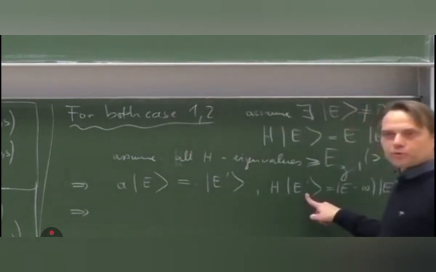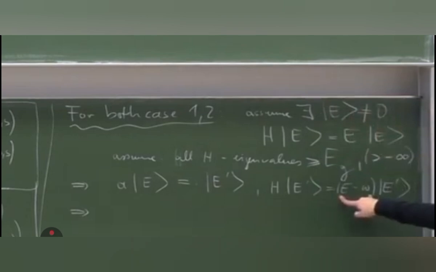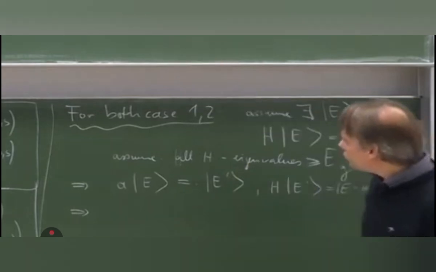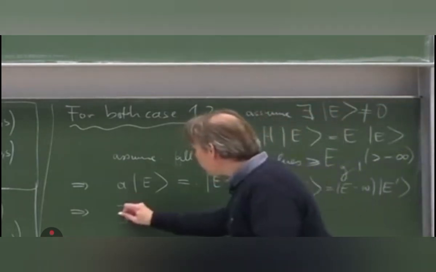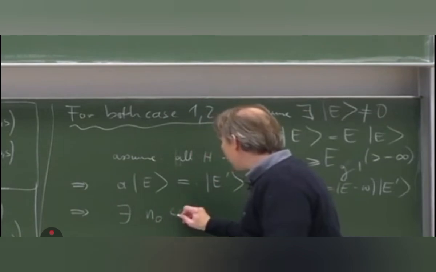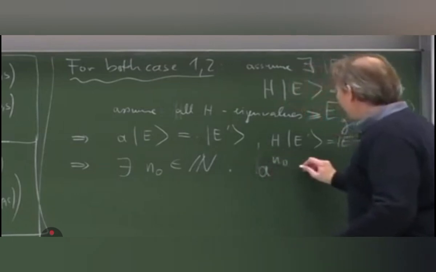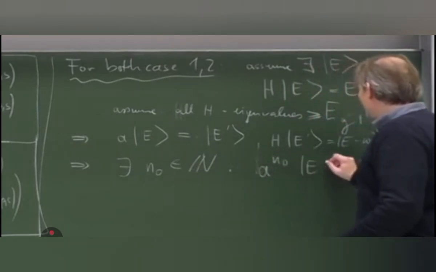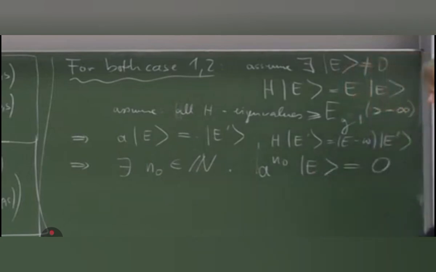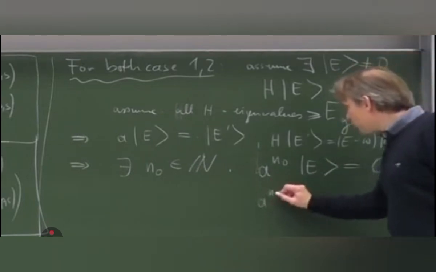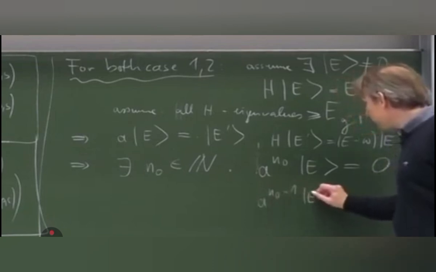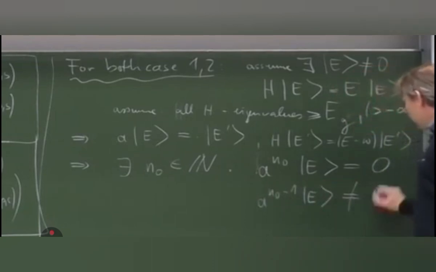And so if the state never becomes the zero vector, then you get a contradiction, because then you get energy eigenvalues with arbitrarily low negative values, and that is a contradiction to the boundedness of the Hamiltonian. So therefore it follows that there exists some number n0, an element of the natural numbers, such that A to the n0 times the state E gives the null vector in your Hilbert space, whereas A to the n0 minus 1 still gives you a non-vanishing state.